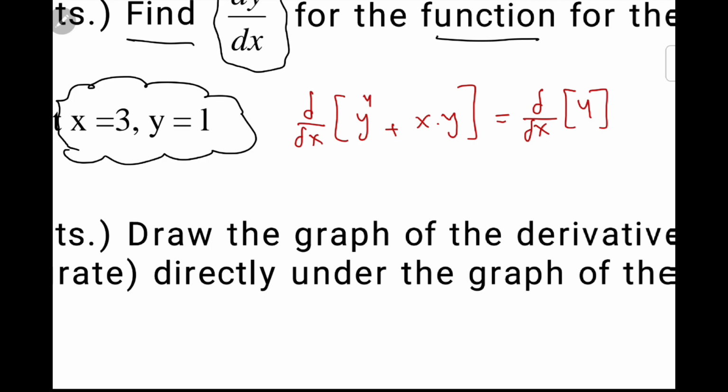This is using the chain rule. It is given by 4 y to the power of 3, the normal power rule, times the derivative of y, which is dy by dx.